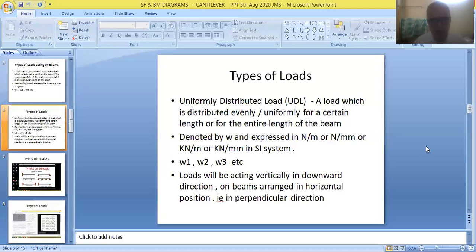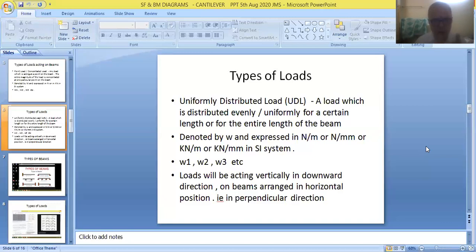So friends, we will be dealing mostly with 2 different types of loads. The first one is called a point load. The second one is referred to as a uniformly distributed load.